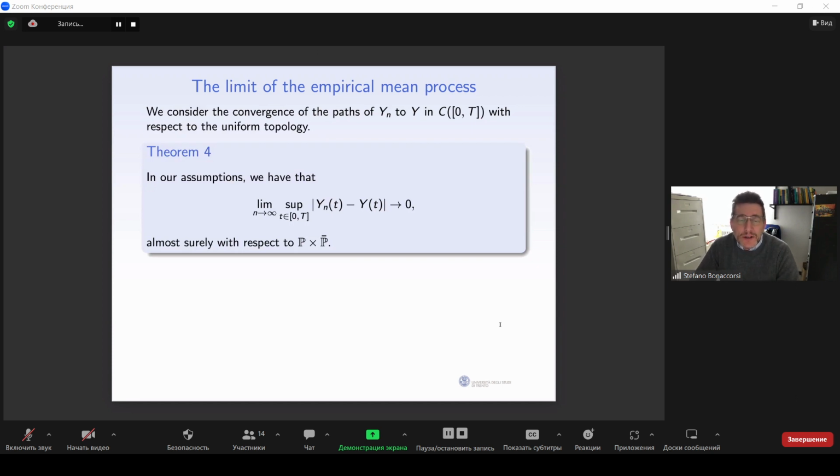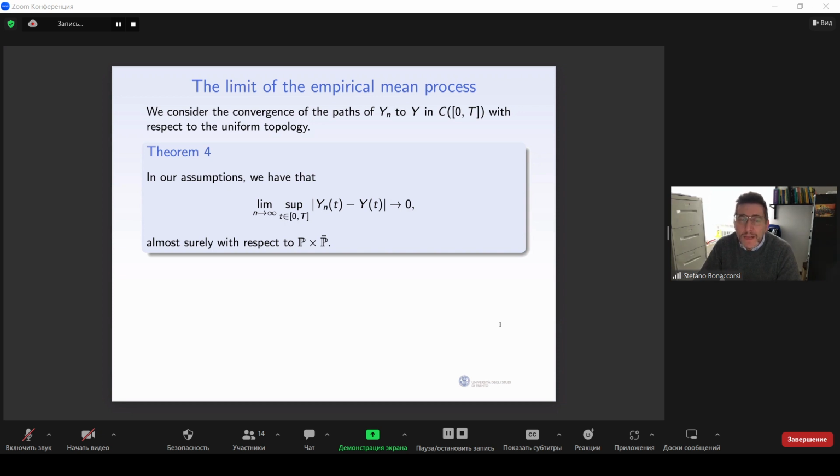I have the convergence not only for any t, but I can prove the convergence also in the sup norm for any time interval [a,b], and for simplicity we will only do this in the time interval [0,T]. And this limit converges to 0 almost surely with respect to both randomness.